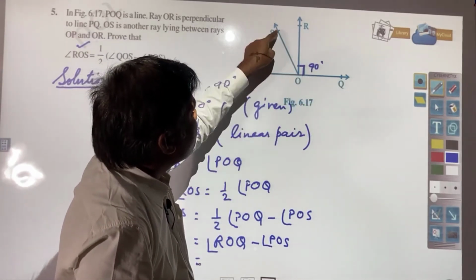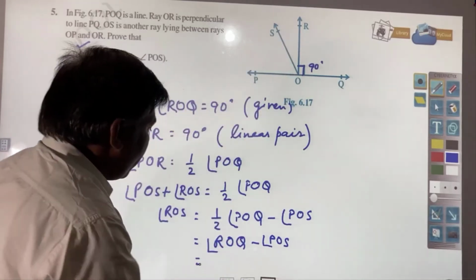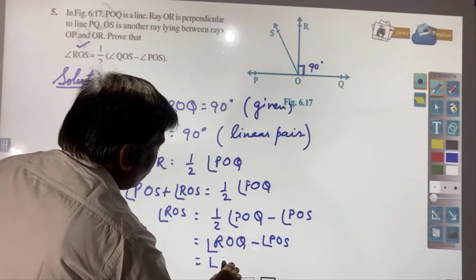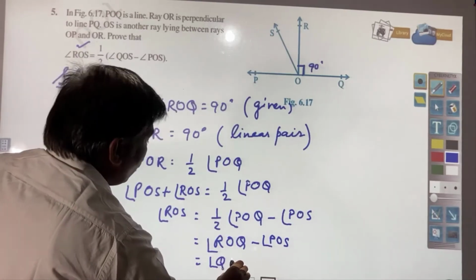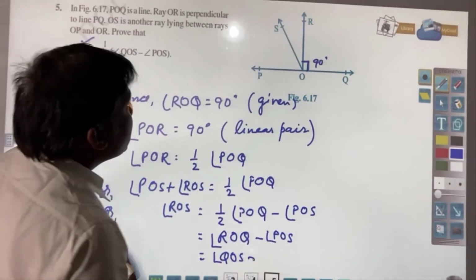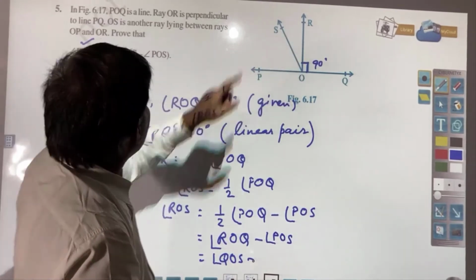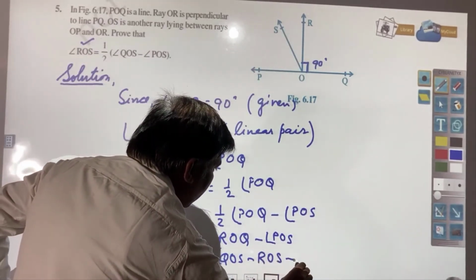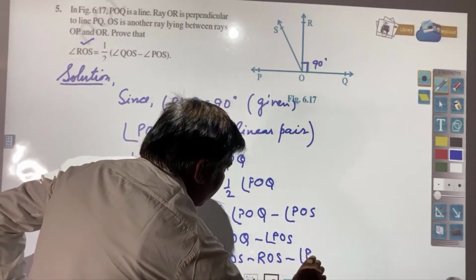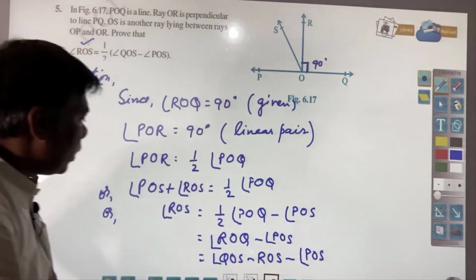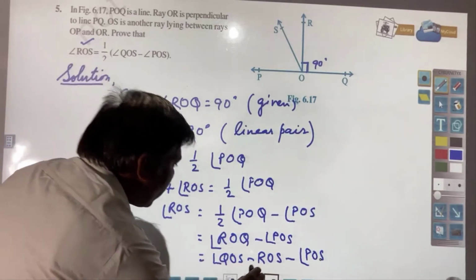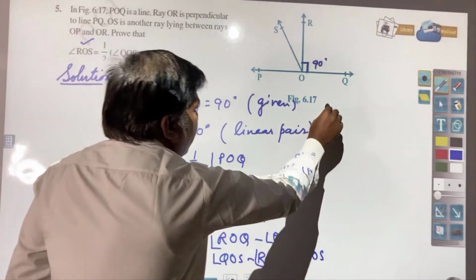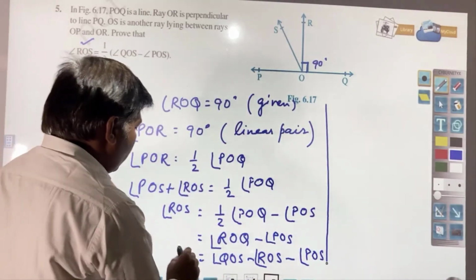ROQ can be written as angle QOS minus angle ROS, and then minus angle POS. This we have got. Now this ROS we need to bring to the left side. So here you see what we will write.